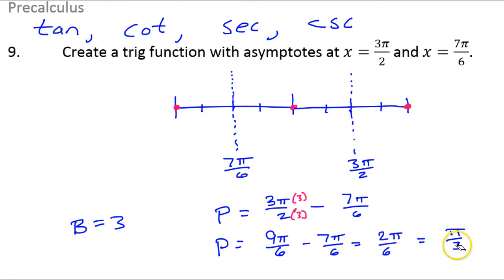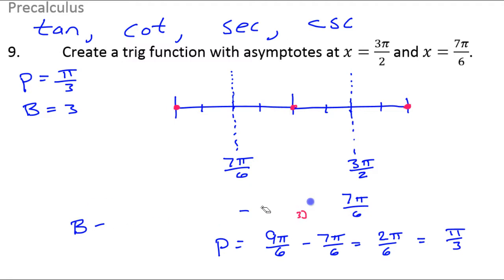So we just found that the period is pi over 3, and I just found that the b value is 3. So I could find any of these values that I wanted to if I keep in mind that every one of these marks is separated by a quarter of a period. So I'm going to do what I often do and calculate the quarter period.